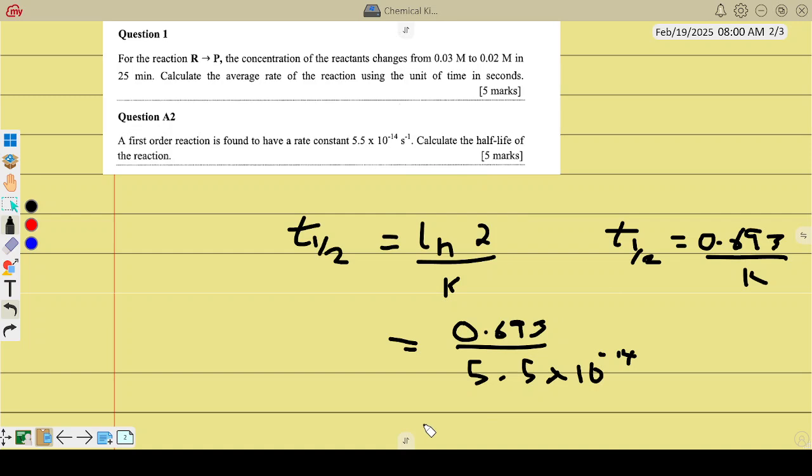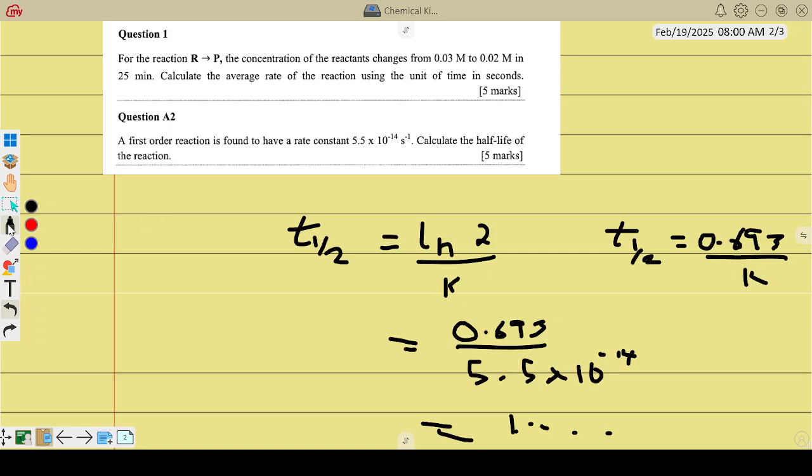When you divide, you find your answer. What are we getting? 5.5 times 10 power negative 14, you'll get about 1.26 times 10 power 13. I won't write that, you can finish. So this is how easy it can be.